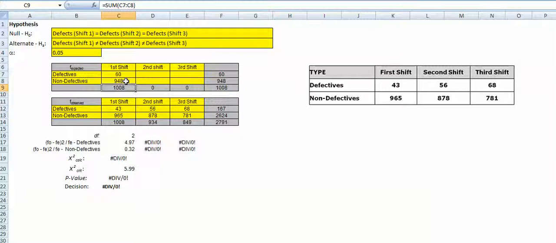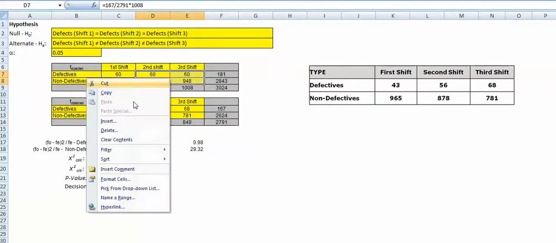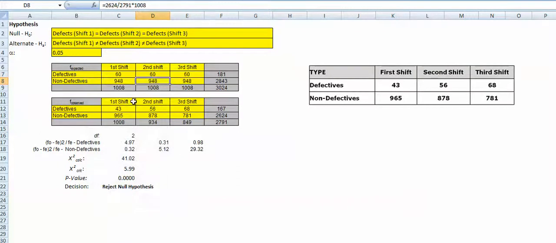Now what we can do is simply take this and copy it over to the next 2 shifts, but there is one difference. On the second shift we need to change, we're not going to use 1,008, we're going to use 934, so we'll just key in 934 here, and then similarly we'll do that for the non-defectives, so 934.